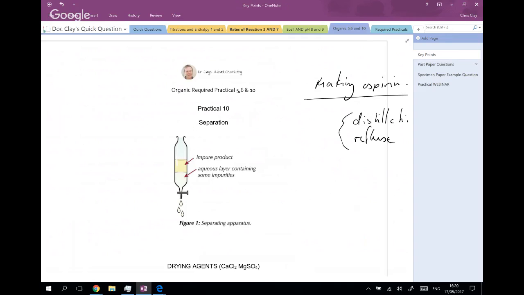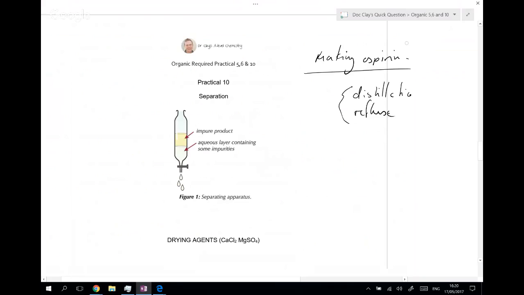However, there's no reason why they couldn't ask you about aspirin, because when you're doing that reaction, you're talking about a nucleophilic addition-elimination reaction. So they could give you a reactant, and then they'd be expecting you to potentially give mechanisms for the reaction and suggest a way of actually undertaking the practical chemistry.